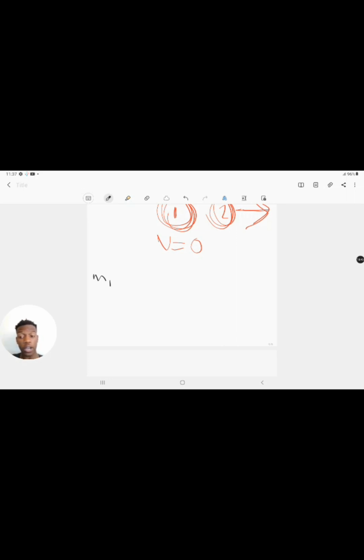So you've got m1, the mass of ball 1, times the initial velocity in the x direction of ball 1.